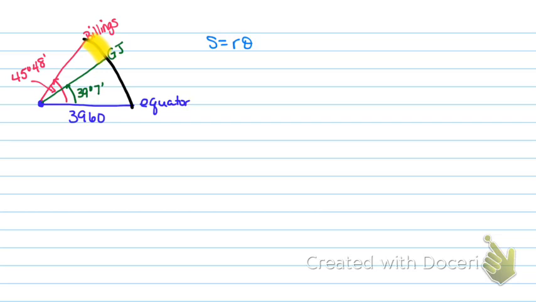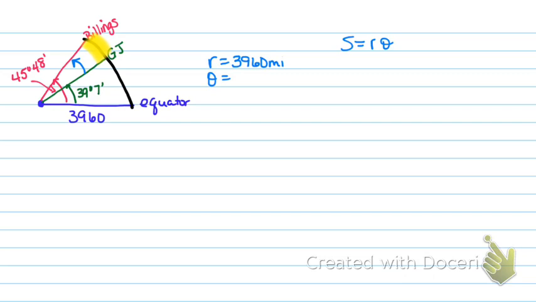Well, we know our radius. Our radius was the length from the center to the edge there. So we know the radius is 3,960 miles. But now theta is that little angle in between those two cities.